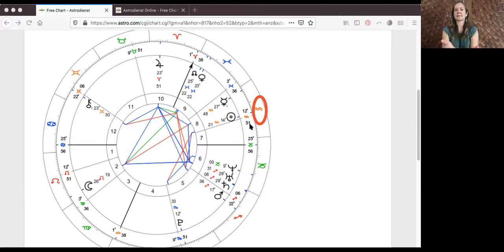So what this says is that there's 12 degrees of Aquarius that are actually in the 7th house. Even though the 7th house is ruled by the sign of Capricorn, and it begins there at 25 degrees and 56 minutes, it goes 25 degrees of Capricorn until 0 Aquarius, and then Aquarius actually starts in the 7th house.